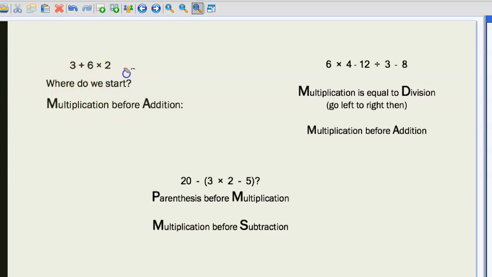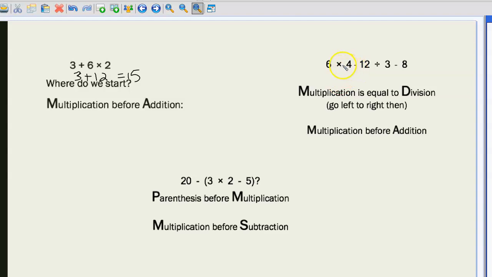What you do is you would do the multiplication first, because Manny comes before A. So, 6 times 2 is 12, and then you would add 3 to that. So the answer is 15, not 18. Okay, so here's another one.